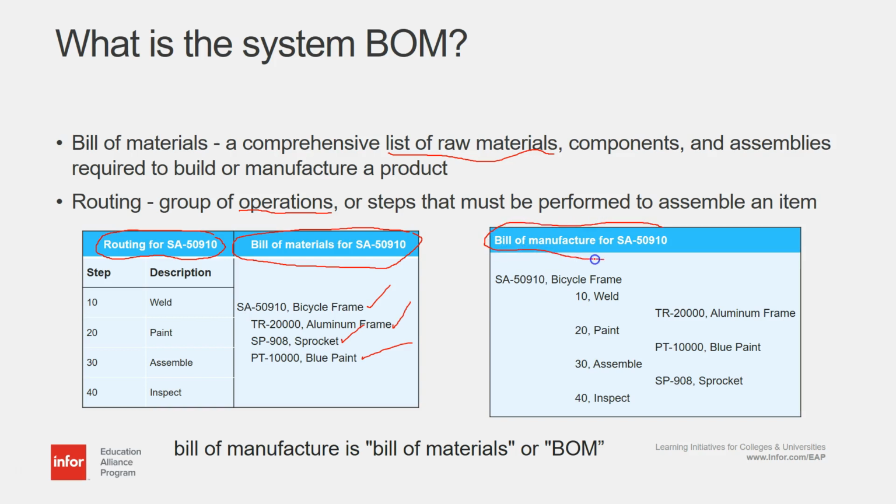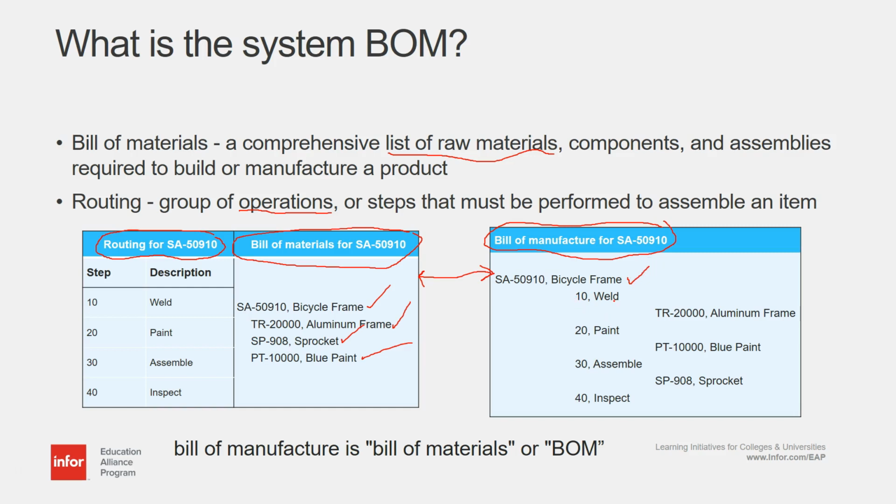The bill of manufacture and the bill of materials are basically the same thing. So this bill of materials and this bill of manufacture are equivalent. They are a little different in format, but you still have the finished product, which is the 5910 bicycle frame.